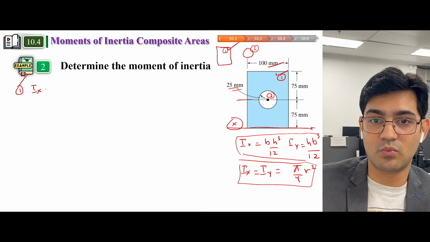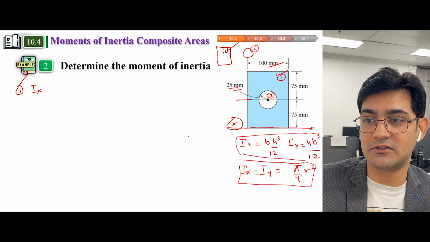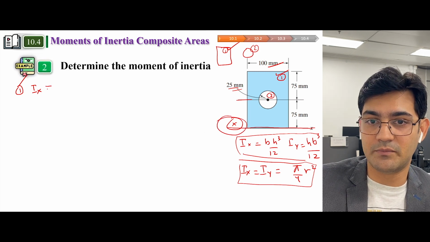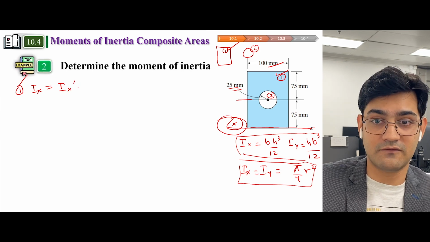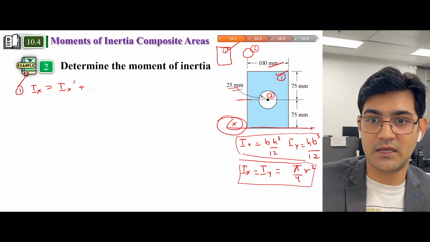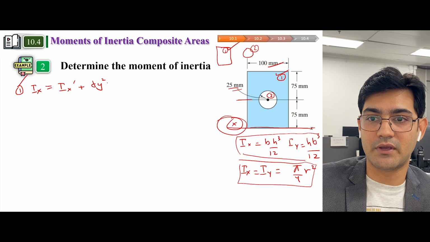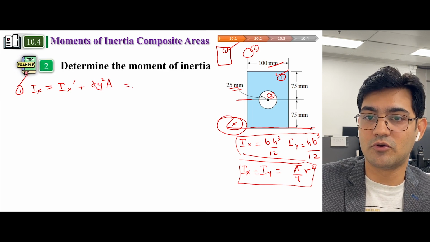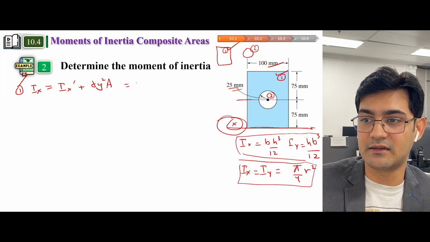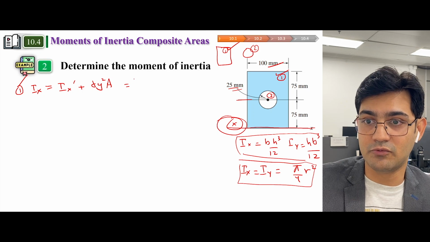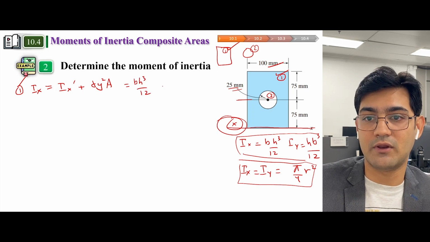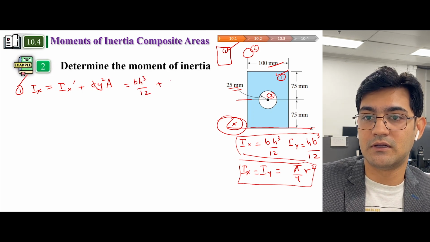For segment 1, the moment of inertia along this axis would be equal to the moment of inertia of that rectangle plus dy squared A. So what is the moment of inertia of this rectangle?